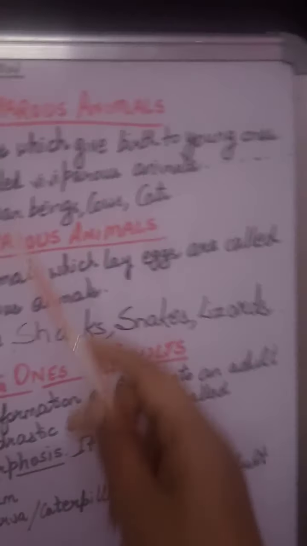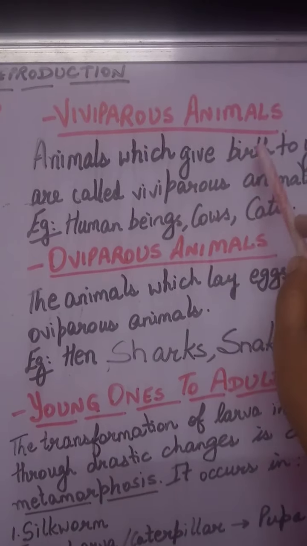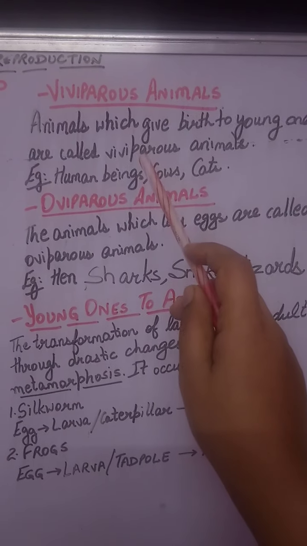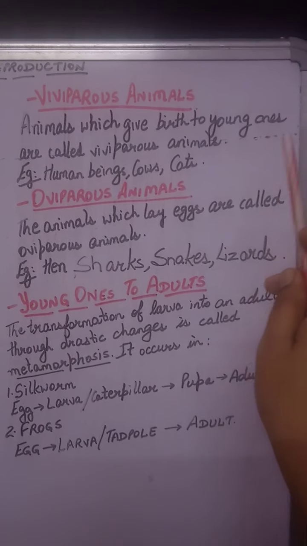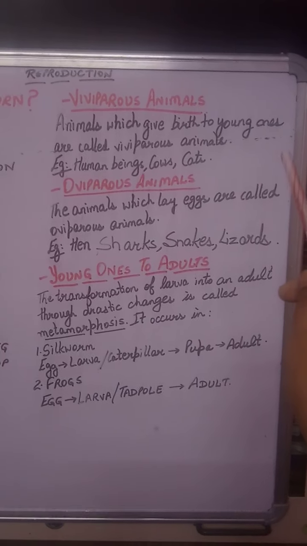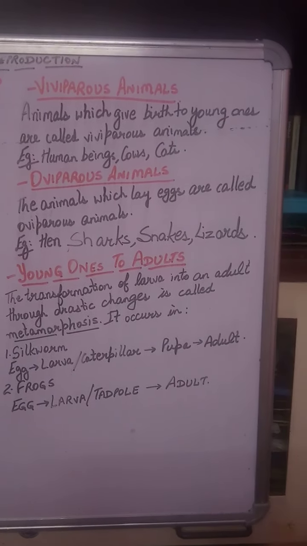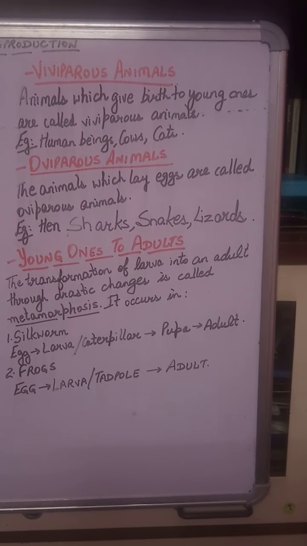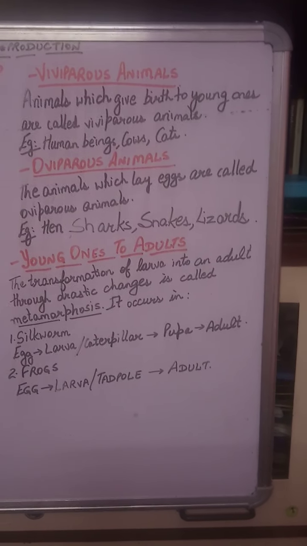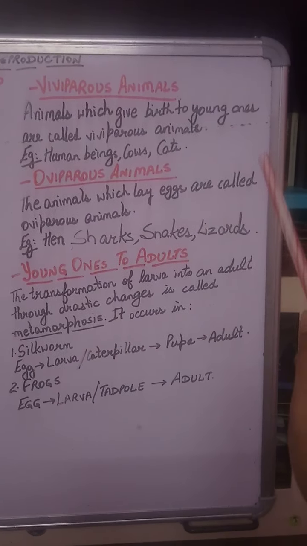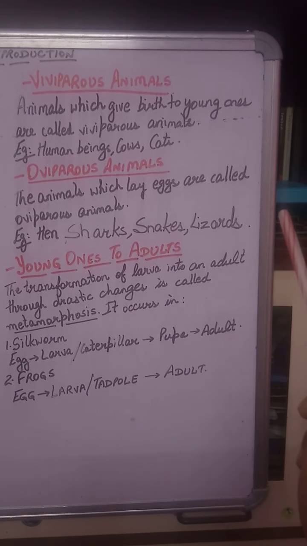The next topic is regarding the viviparous animals. Now the animals which give birth to young ones, just like the human beings, are giving rise to young ones, and the young ones have all the features of an adult. So animals which give birth to young ones are called viviparous animals.